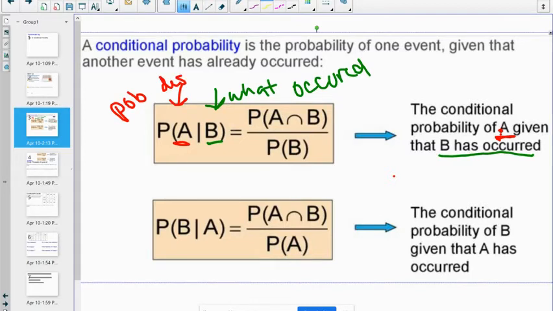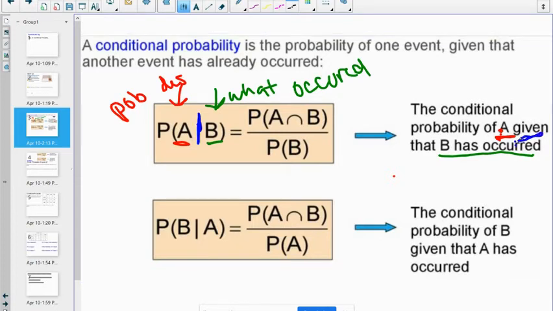And then this little bar right here means given, given that something has happened. How you would go about calculating that is you would do the probability of them both happening, so A and B, and then divide by the probability of B, the probability of what has occurred.